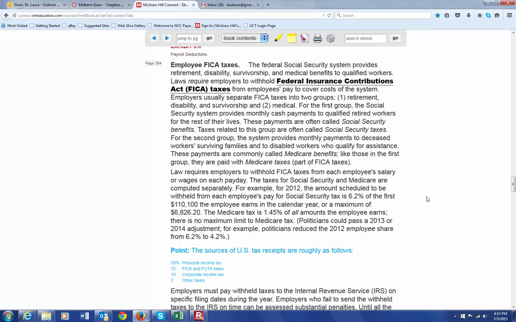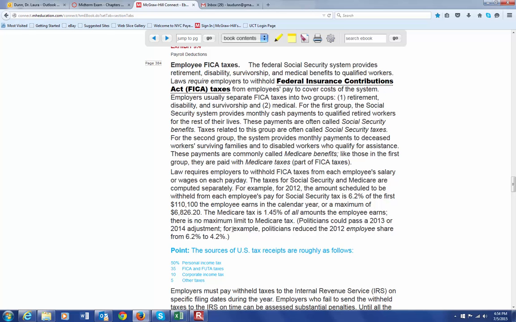I don't know if it's the same as it is in your book here because this was in 2012, but somewhere around $110,000. If you make over that, they will stop taking out Social Security. But on the first $110,000 you make, you're going to lose 6.2% to Social Security and 1.45% to Medicare.